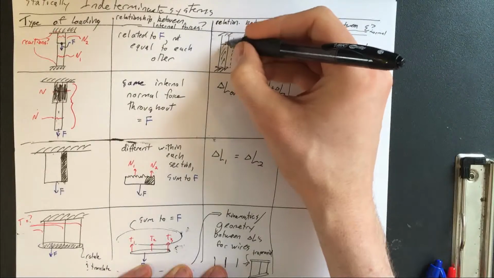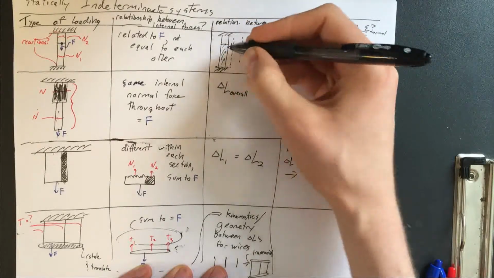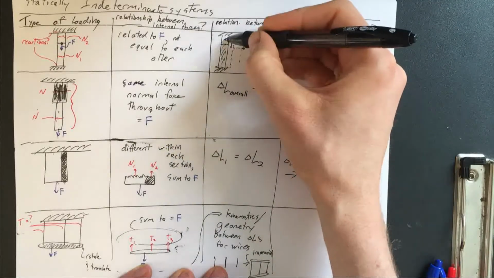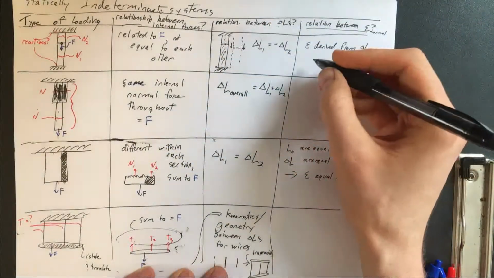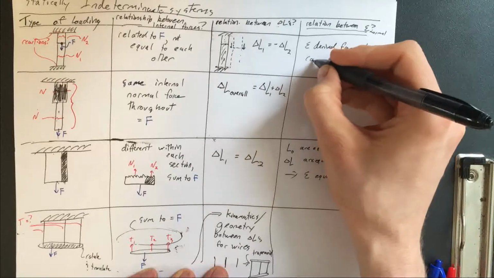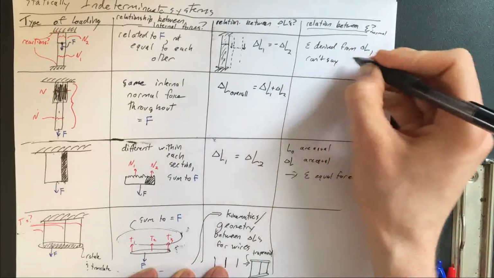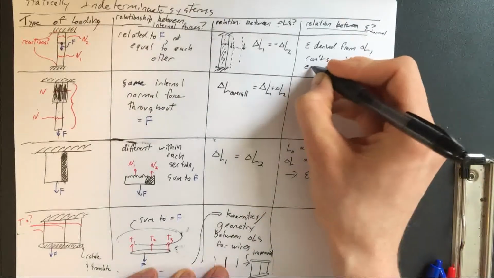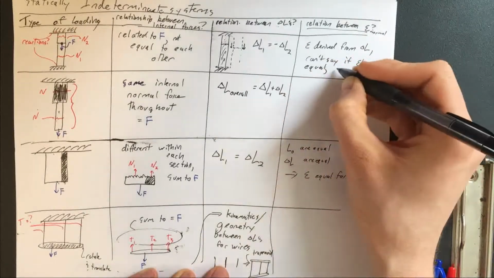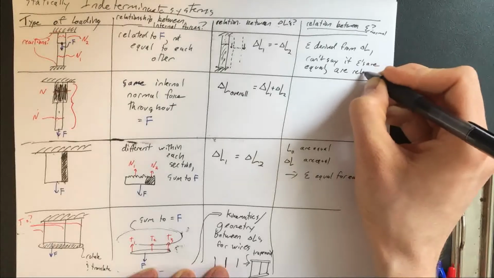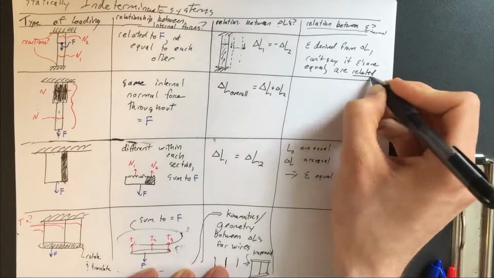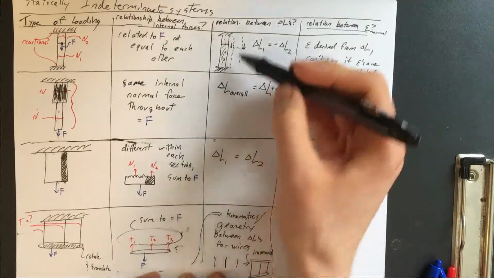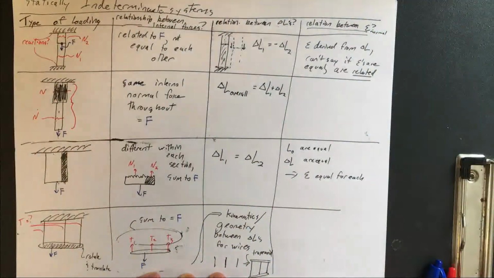But if the top segment is a lot shorter than the bottom segment, then even if the delta L's are equal, because the original lengths may or may not be equal, we can't say if the strains are equal, but they are related to one another, and their relationship depends on these delta L's, but also on the original lengths.